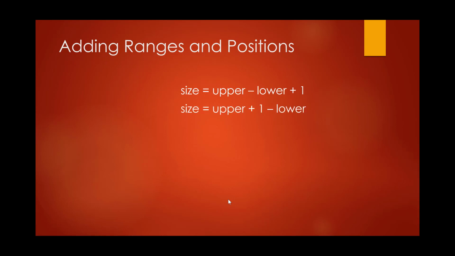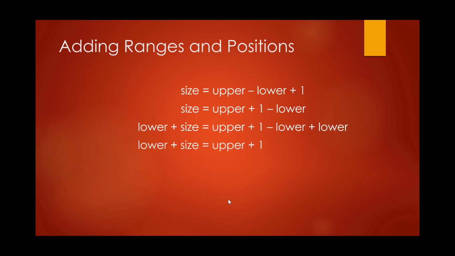So let me do a little bit of math and rewrite this formula a little bit. So first I'm going to flip around the minus lower and plus 1. And so nothing has changed in this calculation. Next I'm going to add lower to both sides of the equation. And then I'm going to simplify the right side.